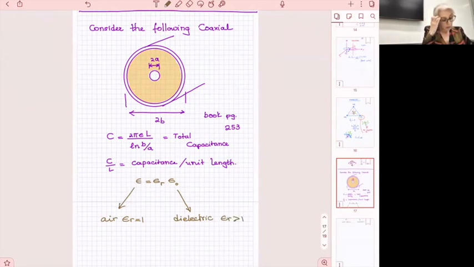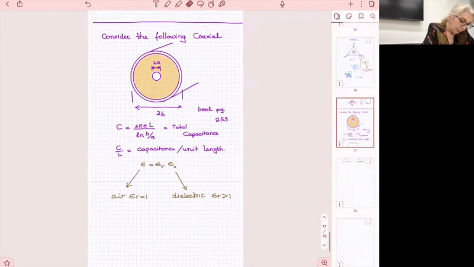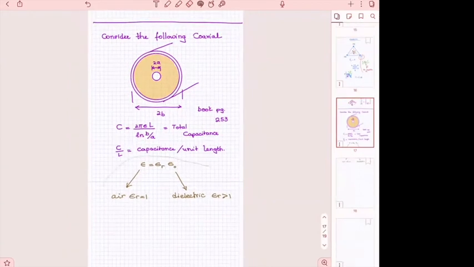Okay? So practically, the capacitance will change if it's not air but a dielectric, because epsilon here is going to have an epsilon sub r, which is different than 1. Okay? Is that clear? Yeah, that makes sense.